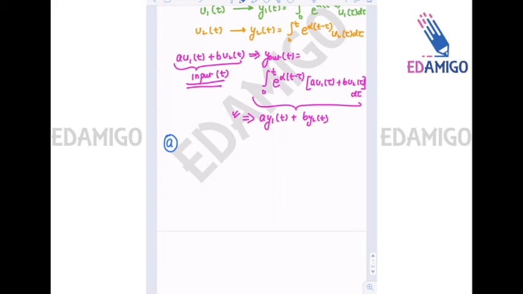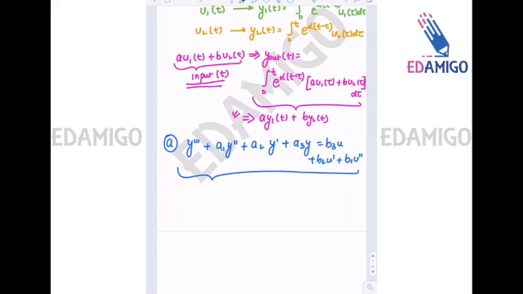Now, option A is the triple differentiation of output with respect to time, plus double differentiation of output, plus single differentiation of output, plus the output, equal to B3 times U, that is the input, plus single differentiation of input plus double differentiation of input.